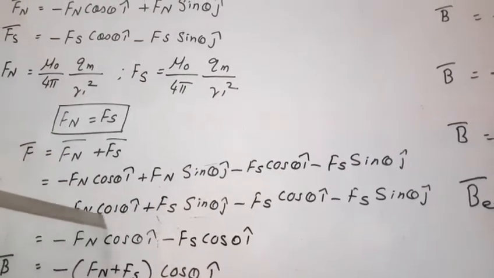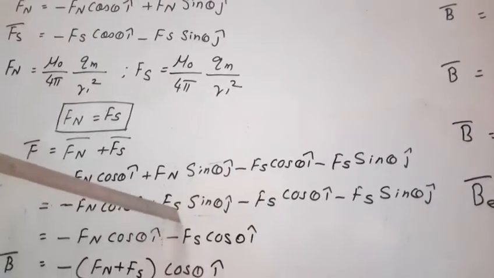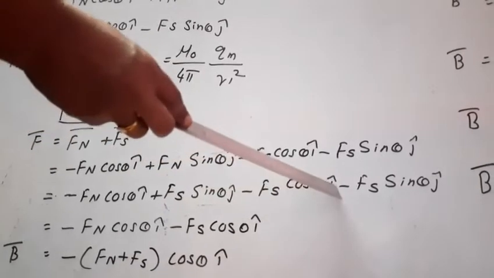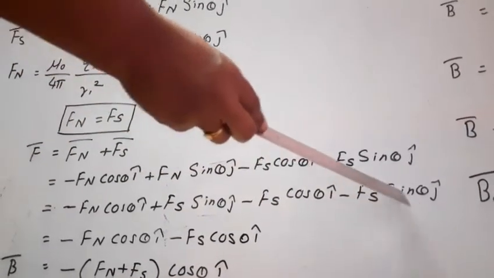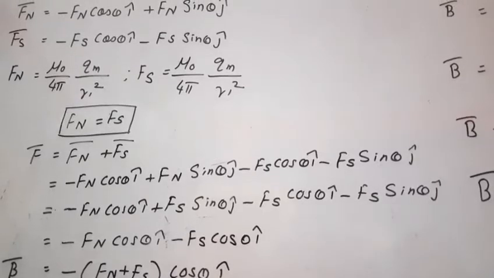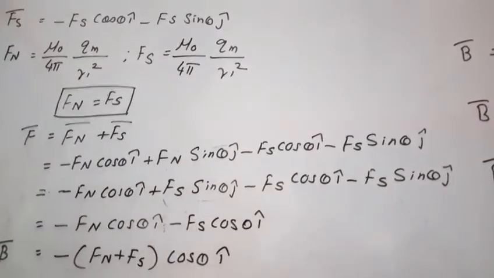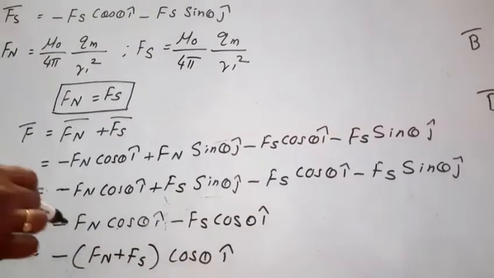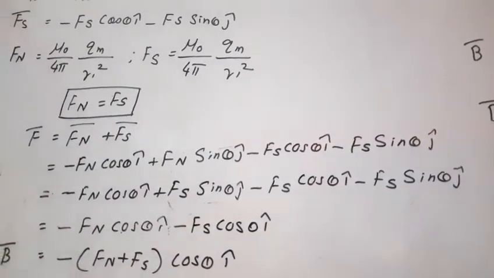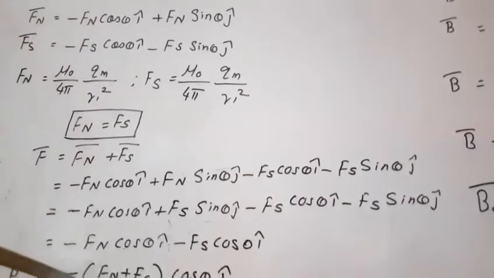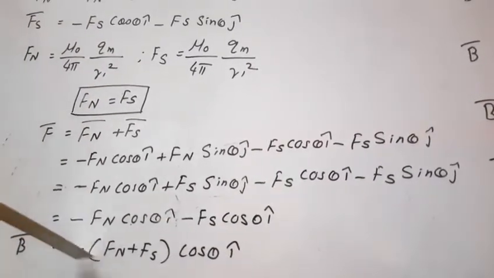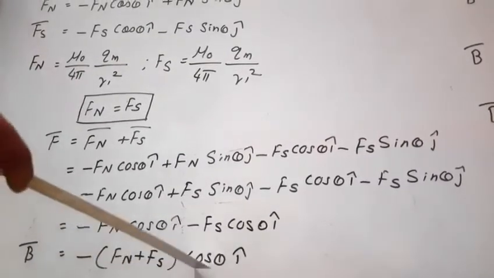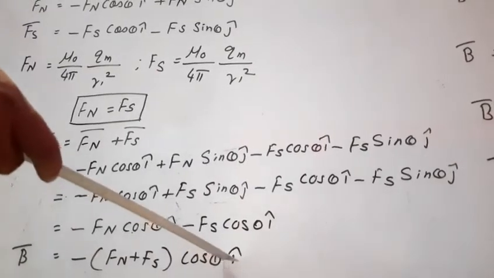Therefore, minus Fn cos theta i cap plus Fs sin theta j cap minus Fs cos theta i cap minus Fs sin theta j cap. Here Fs sin theta j cap and minus Fs sin theta j cap cancel. So the remaining we can write here minus Fn cos theta i cap minus Fs cos theta i cap. Now the minus sign you take out. Therefore, minus of Fn plus Fs, and outside we write cos theta i cap.